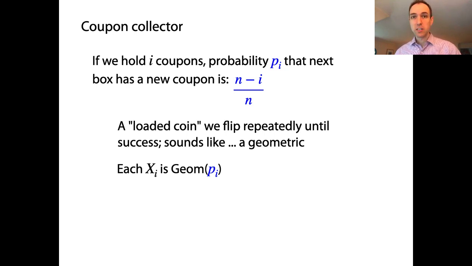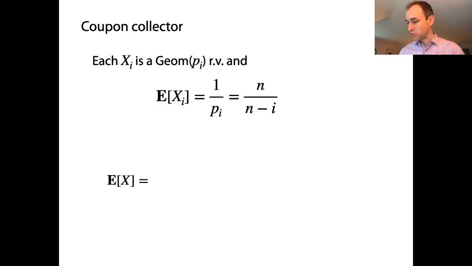So if we want to know the expected value of the coupon collector random variable, we can use linearity of expectation and sum up the expectations of those geometric random variables. So let's do that. Each X sub i is a geometric p sub i random variable, and we know what p sub i is in terms of n and i. Let's write down the expected value of the coupon collector random variable.